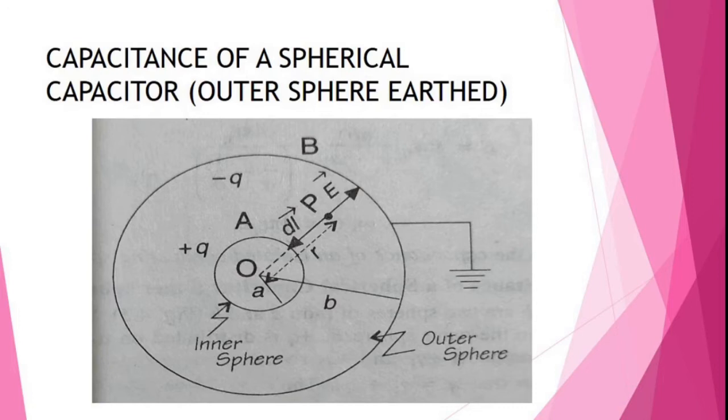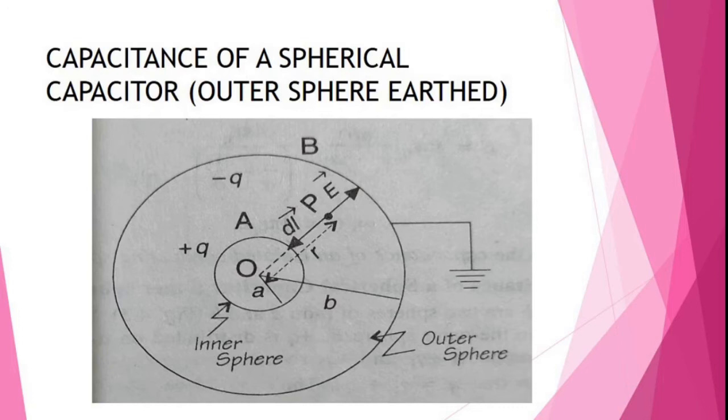Due to the charge plus Q on sphere A, an equal amount of opposite charge gets induced on the inner surface of the outer sphere B. So the induced charge on the inner surface of the outer sphere is minus Q.